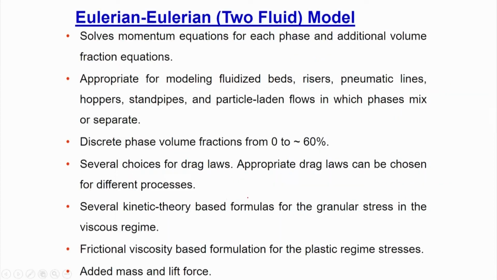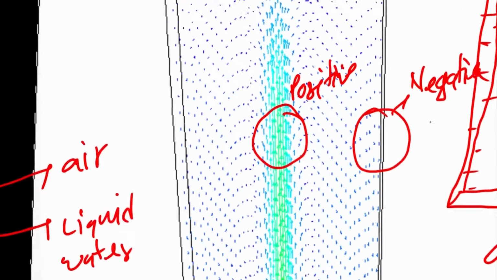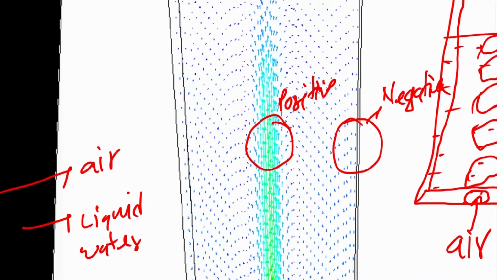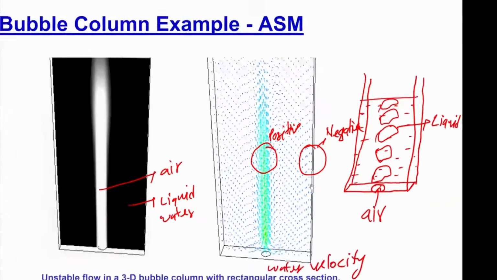Here the liquid is moving up, and in this location the water is actually going down. So, here liquid or water is moving up, here it is going down. Why is it moving up here?